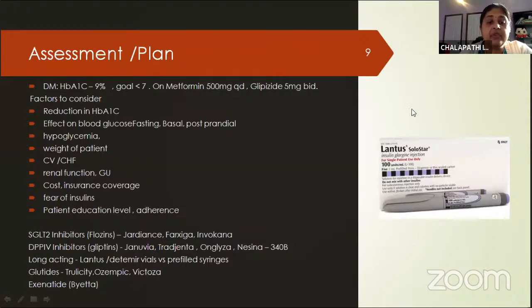At the same time, we need to know when is a good time to add these medications to the regimen. All right, so do we just do metformin? Do we add glimepiride? And then what is the role of thiazolidinediones? What is the role of acarbose, miglitol? So as students, what you need to do is be very thorough.